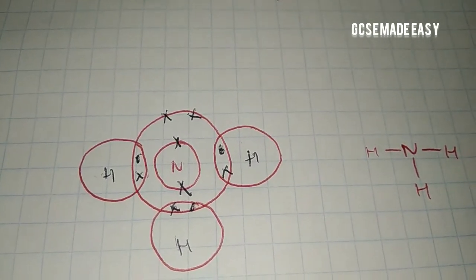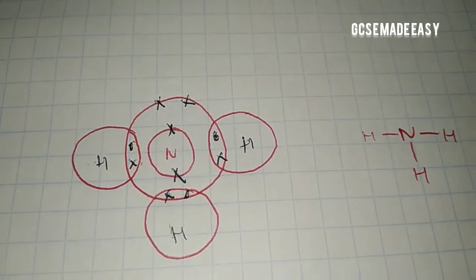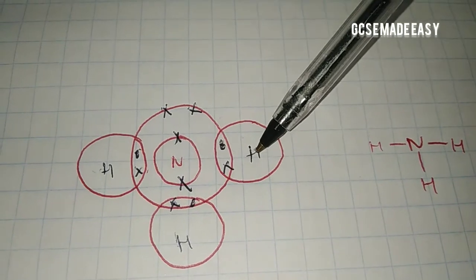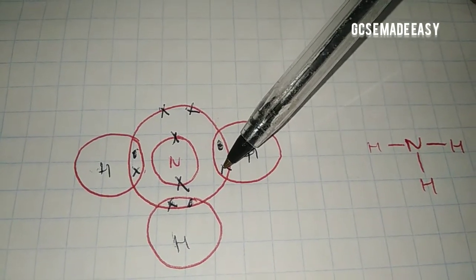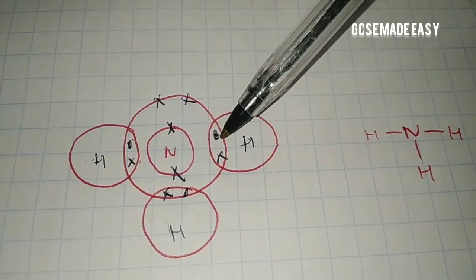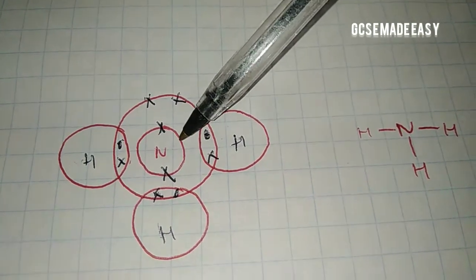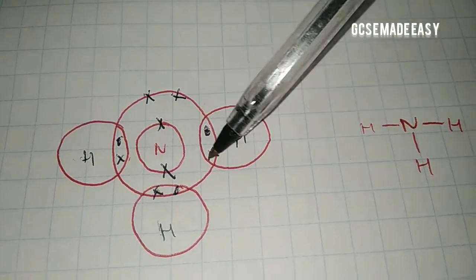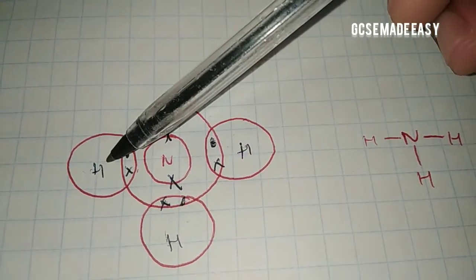Hydrogen comes with its electron, and nitrogen donates a single electron to share with that hydrogen. So the total of electrons shared between nitrogen and this hydrogen is 2 electrons. The same thing with this hydrogen and this hydrogen.